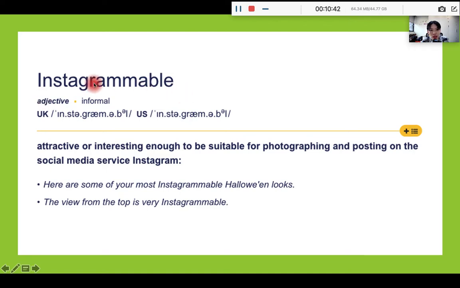We have this word, Instagrammable. So this is already inducted into the dictionary, so you are free to use it in your conversations or in writing. So what does it mean? It means attractive or interesting enough to be suitable for photographing and posting on the social media service Instagram.